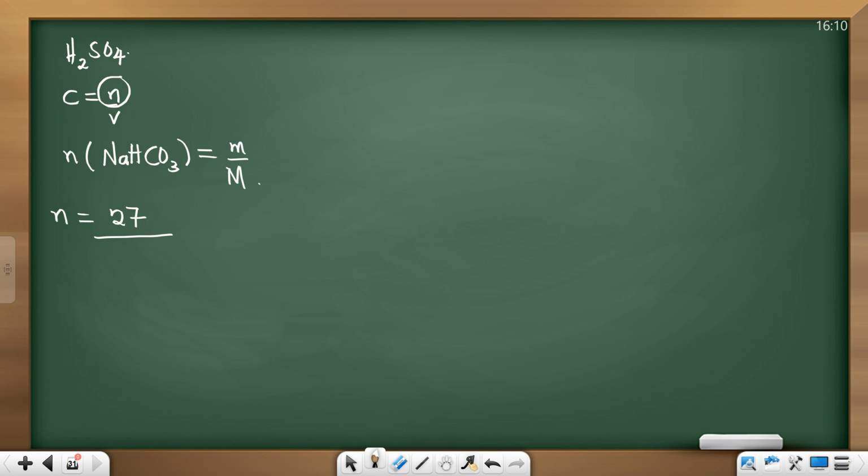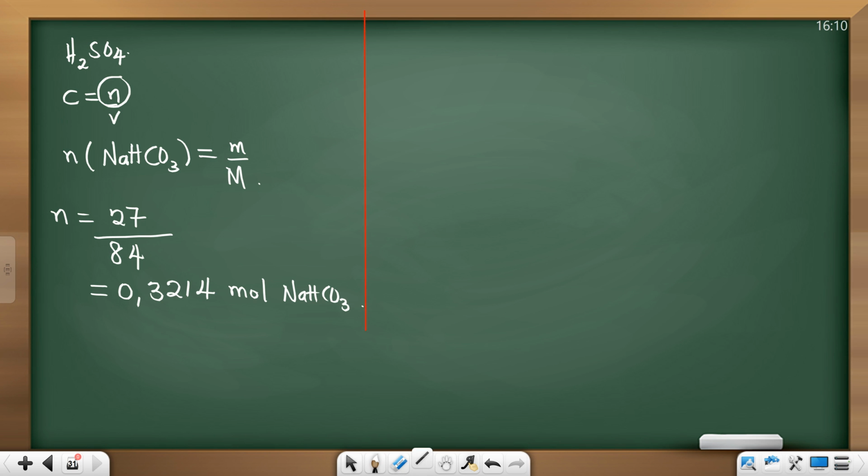Yes, 84. I hope everybody knows how to get that. What is the number of moles? Let's leave it at 4 decimal places so we don't round off quickly. Moles of which compound? NaHCO3. We are done there.